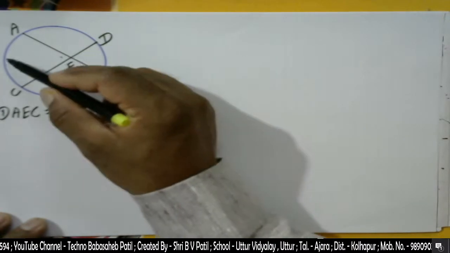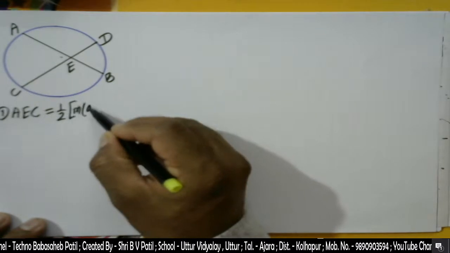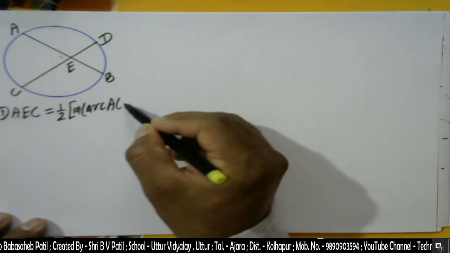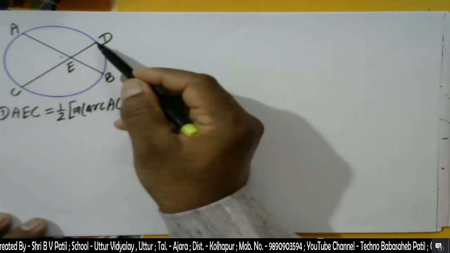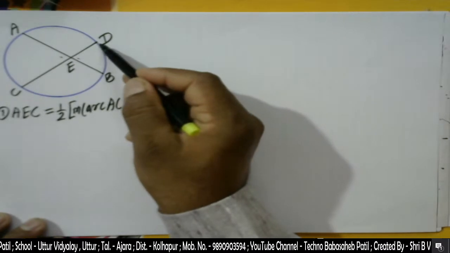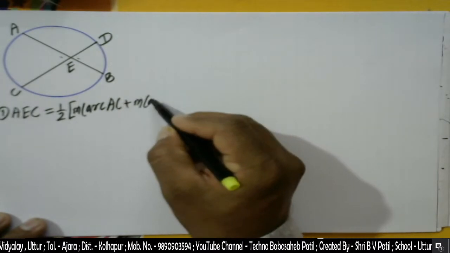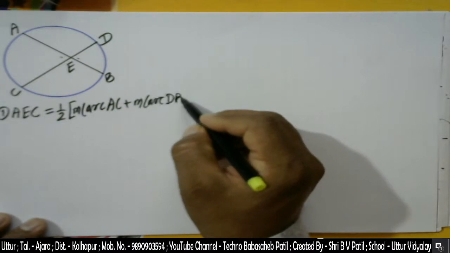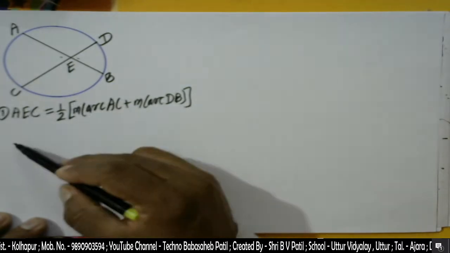Its intercepted arc is arc AC, measure of arc AC, plus its opposite angle is angle DEB, and its intercepted arc is arc DB, measure of arc DB. That is the first formula we can use here.